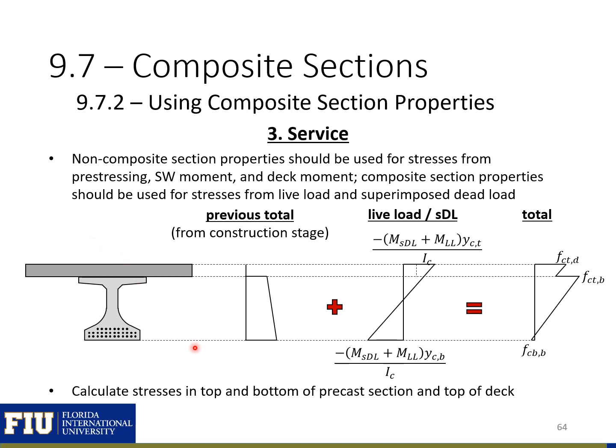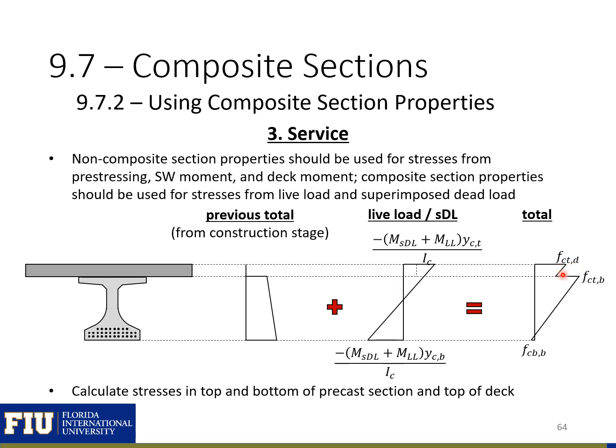Here we'll have our stresses from our previous construction stage, plus the stresses from our live load and superimposed dead load that is applied after the deck has hardened. And it'll give us our total stresses that are shown here. So here we would need to find the stresses in the bottom fiber of our precast section, the top fiber of our precast section, and then also the bottom and top fiber of our deck.